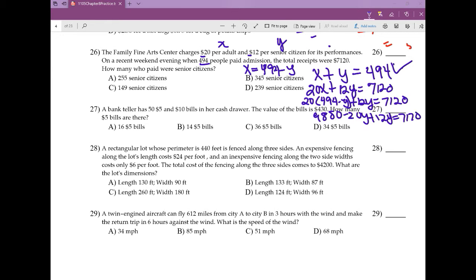So if I subtract the 9,880 and I combine these two like terms, I end up with negative 8y equal to negative 2760. If I divide by negative 8 on both sides, I end up with y is equal to 345, and that is the number of senior citizens. So in this case, answer choice would be B.